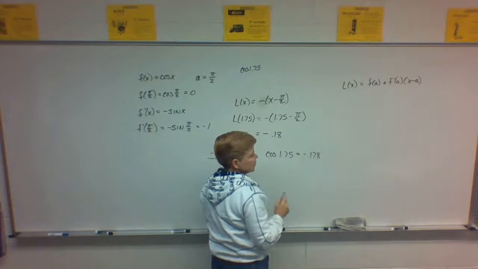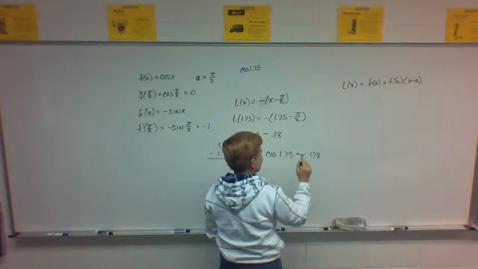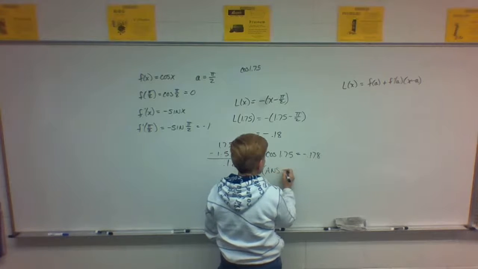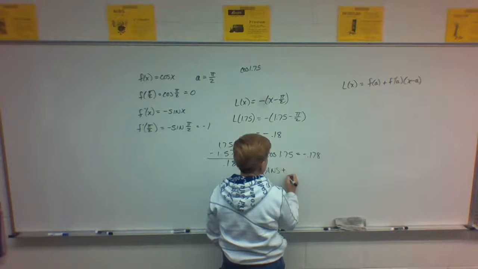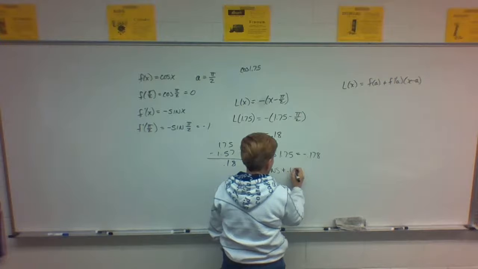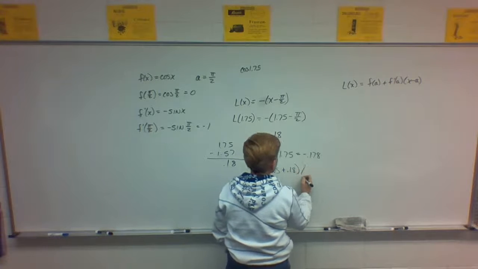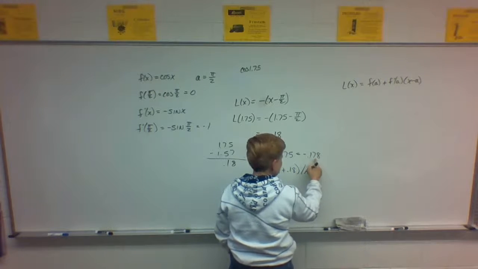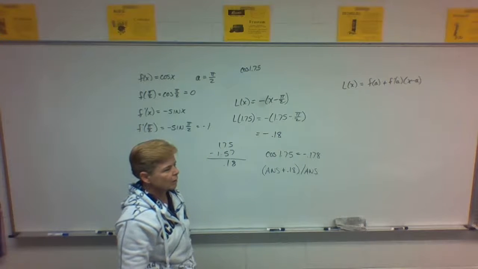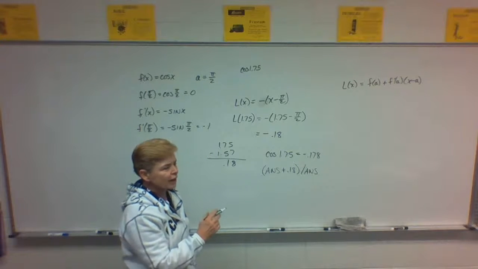Okay. To figure out our error, I want you to take what it actually is, which would be the answer, in parentheses, minus, actually plus, because it's minus a negative, right? And divide it by the answer. Do y'all see how you're going to check your error by using the line to approximate?